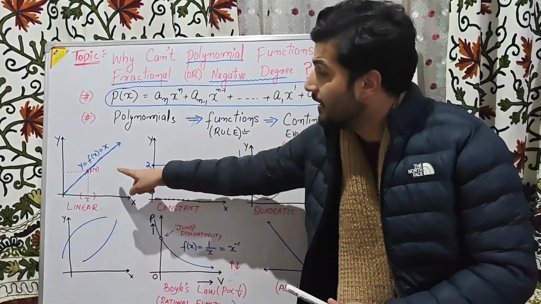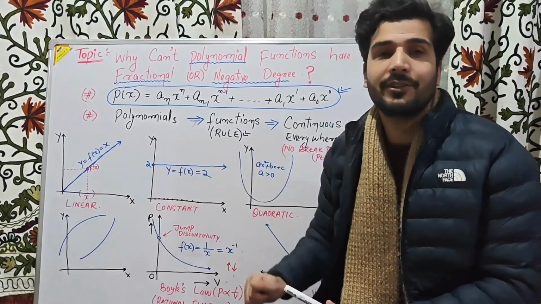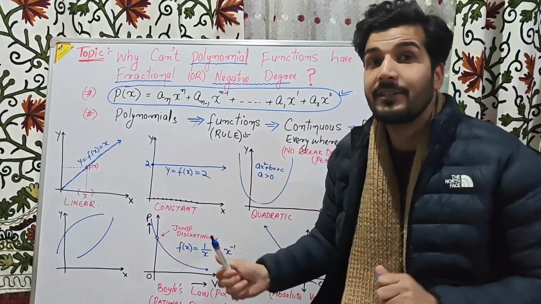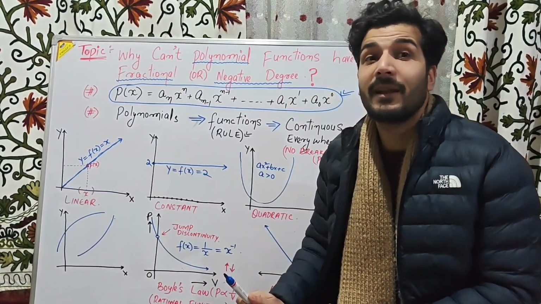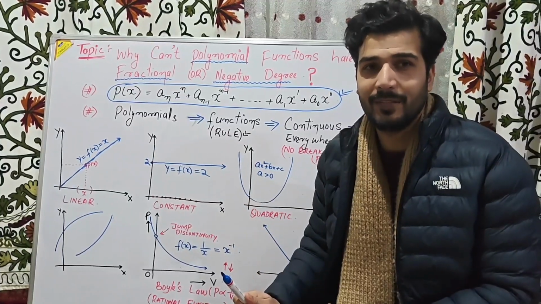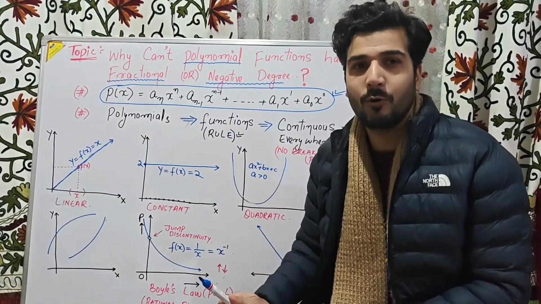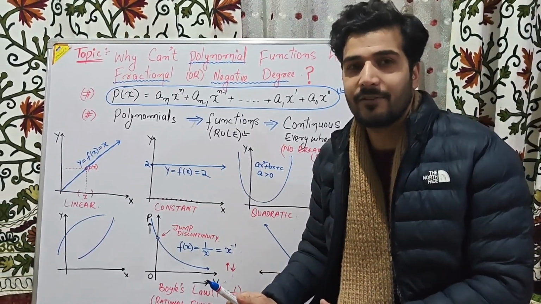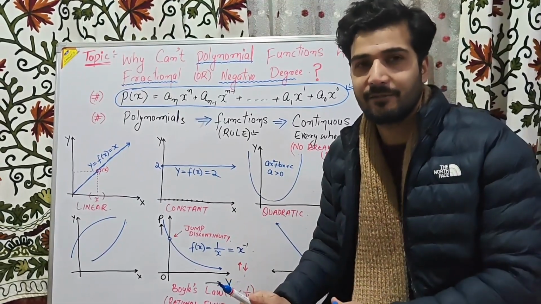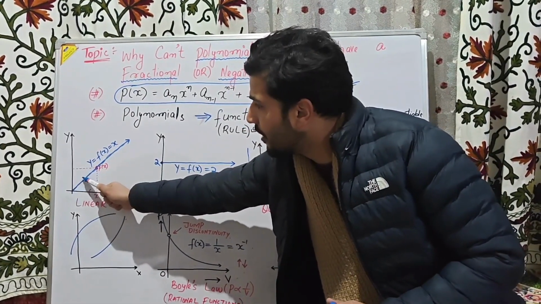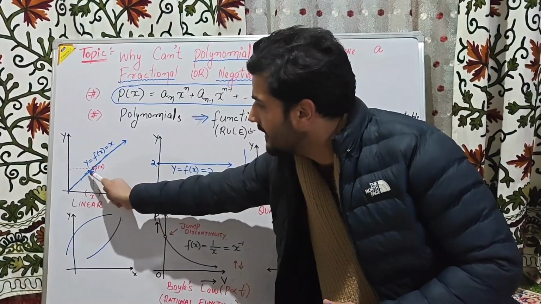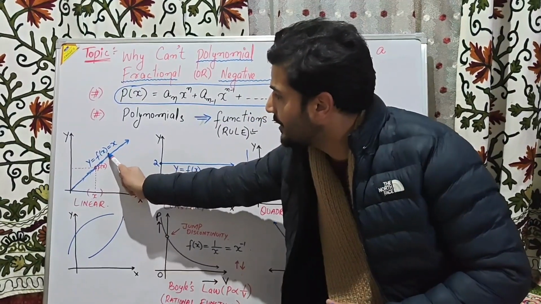So this is not only continuous, this is also differentiable. Differentiable in what sense? At every point, differentiability implies the slope. It gives the measurement of the slope. It gives the concept of the slope, right? Slope of the tangent line. At every point, wherever we want, we can easily draw a tangent.